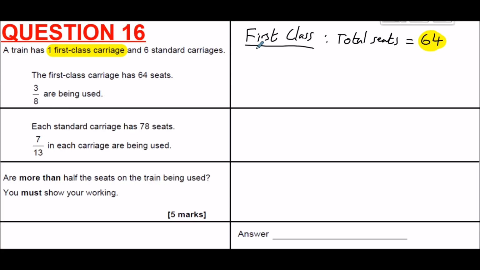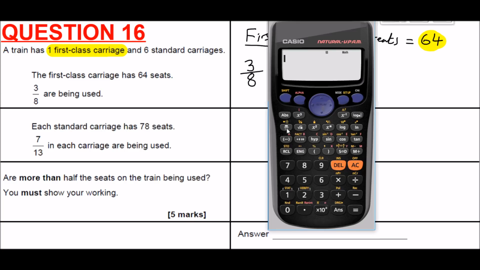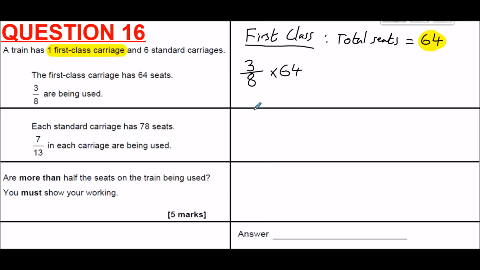Now 3/8 are being used, so 3/8 of 64 are being used, so we can calculate that fraction of the amount directly. So we can either just do 64 divided by 8 multiplied by 3, or we can use a fraction button on the calculator. 3/8 of 64. So 24 are being used. So in the first class, 24 out of the 64 are being used.